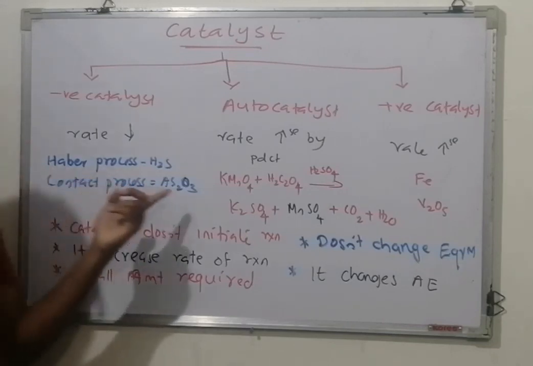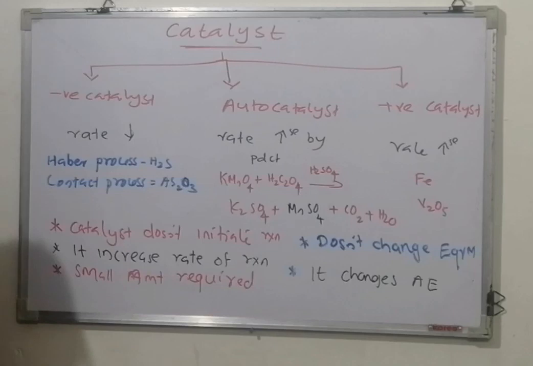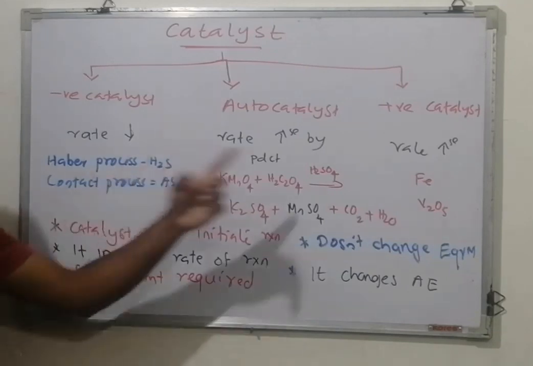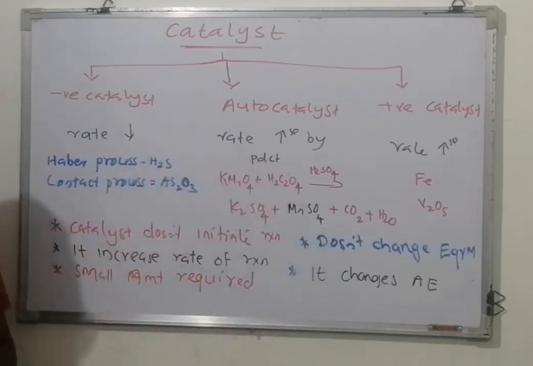I think you will have this experience. When you do the titration of KMnO4 with oxalic acid in the presence of H2SO4, initially the disappearance of the color will be slow.